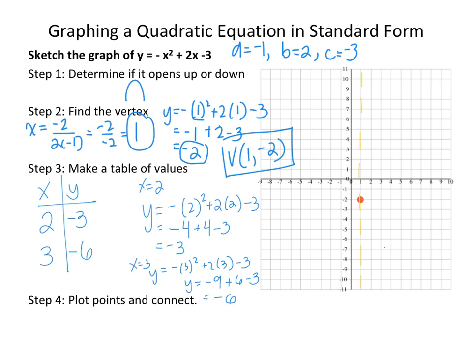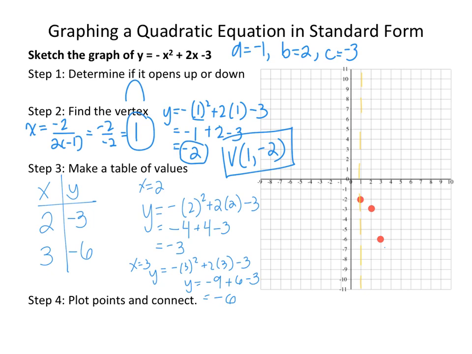So I'm able to plot two more points right here where my first one is 2, -3. So we have x is 2, y is equal to -3. And x is 3, y is -6. And now all I need to do is reflect it to the other side of my axis and plot my two extra points and connect them.